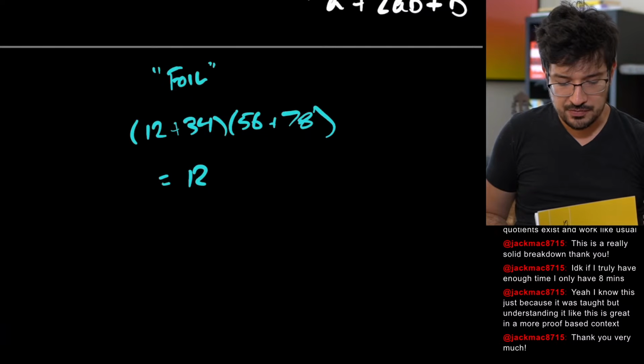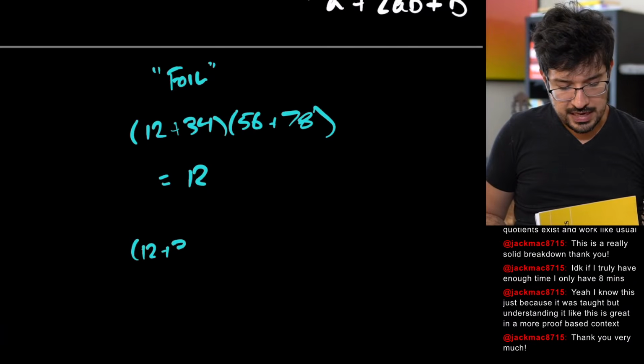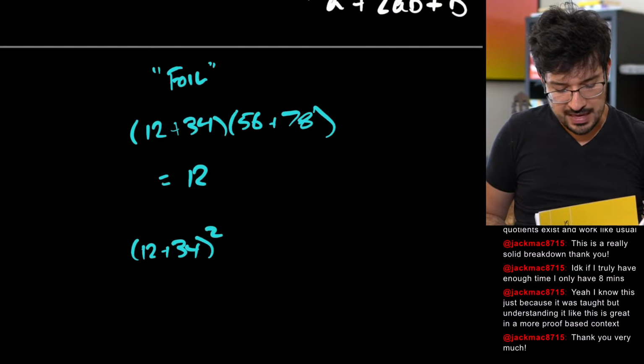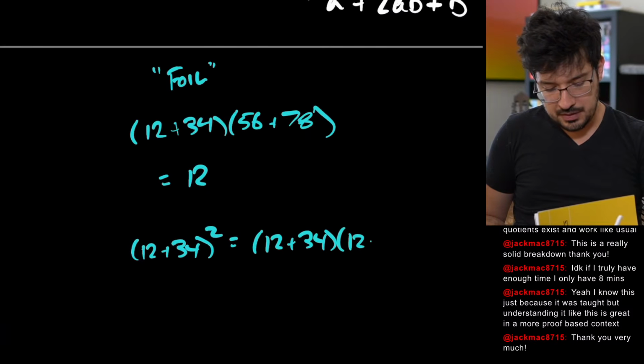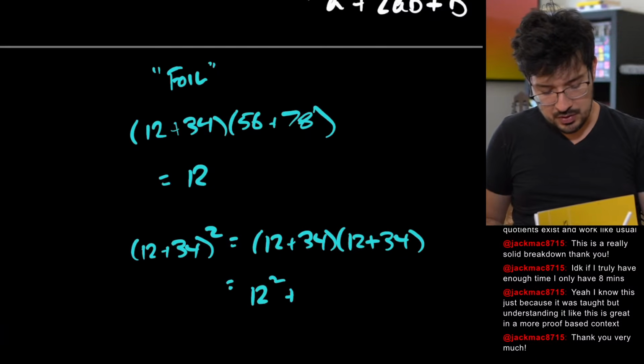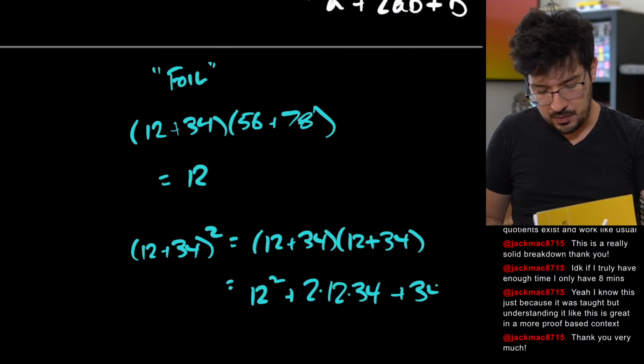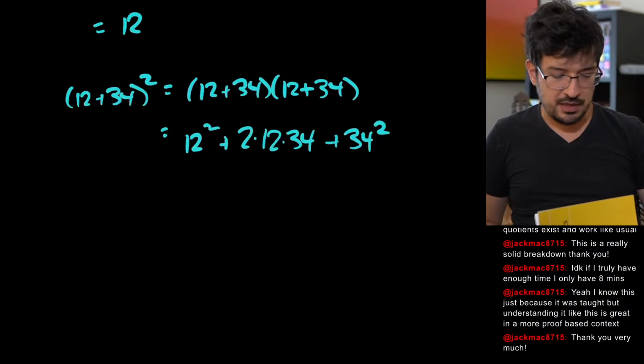Technically, I haven't shown foiling. So far, we've only shown this: 12 plus 34 times 12 plus 34 is 12 squared plus 2 times 12 times 34 plus 34 squared, right?